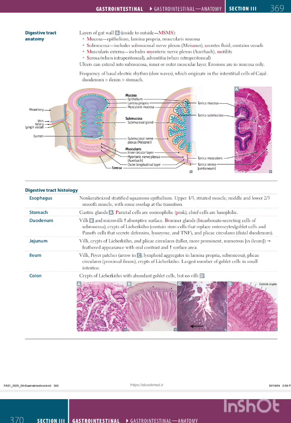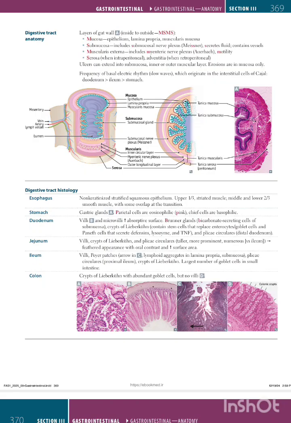Then we have the muscularis layer, where the myenteric nerve plexus is, and it provides the motility of the digestive tract. Then after that, we have serosa. For slow wave rhythm frequency in different parts of this tract, duodenum is faster than all of them. Then we have ileum, and then stomach.